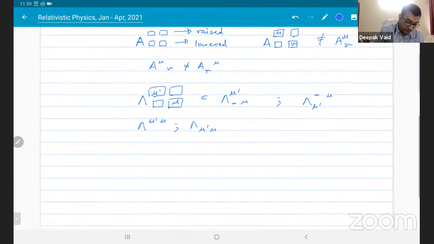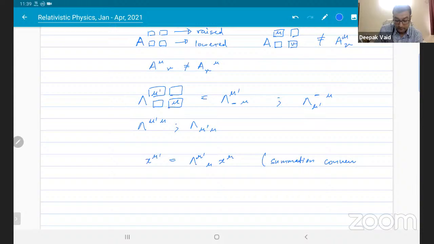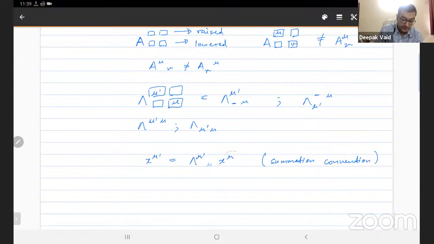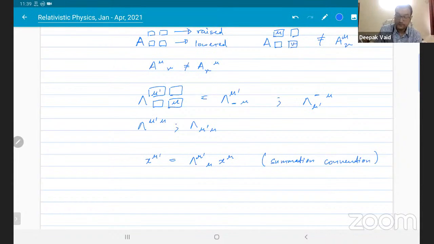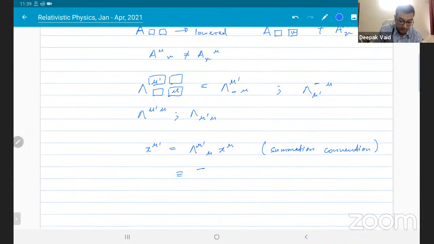All right. So now what do we have? We have x mu prime is equal to lambda mu prime mu, x mu. And again, we are using the summation convention. Which index is repeated? Mu. So this is a sum over mu, and what are the values of mu? From 0 to 3.